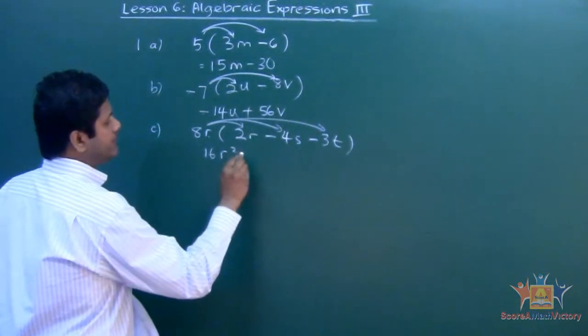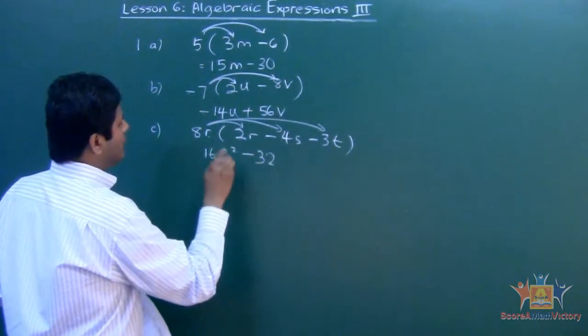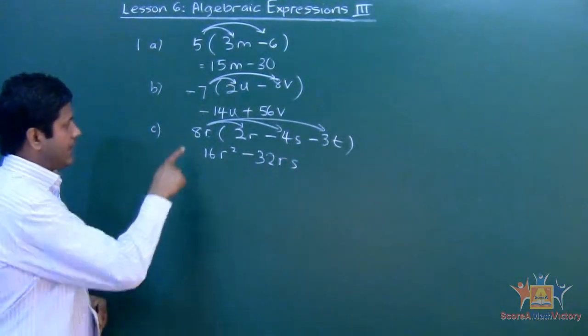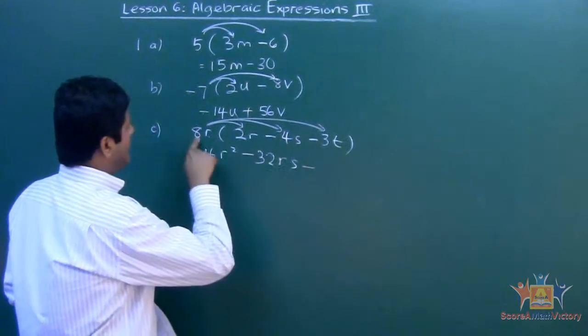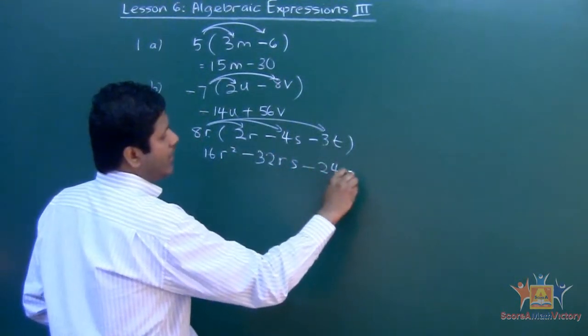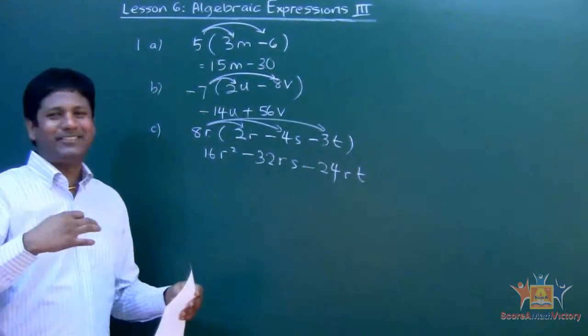Plus and minus, minus. 8 times 4, 32. r times s, rs. See that? 8 times 3, but first negative. Positive and negative is negative. 8 times 3, 24. r times t, rt. Right there. I know, it's very easy, straightforward.